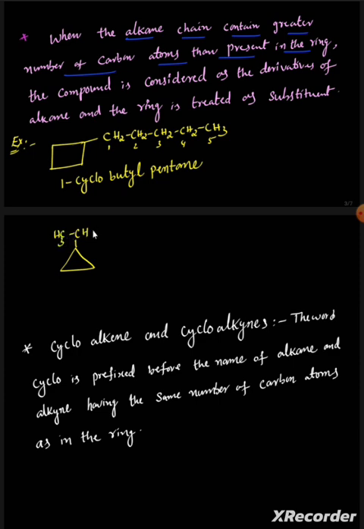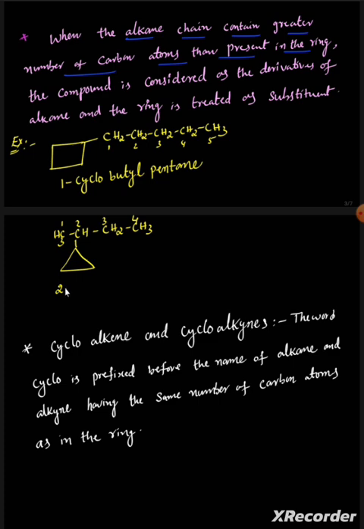CH3 CH CH2 CH3. Here this is a carbon chain, 4-membered carbon chain, 1 2 3 4. Second carbon having a substituent cyclopropyl.